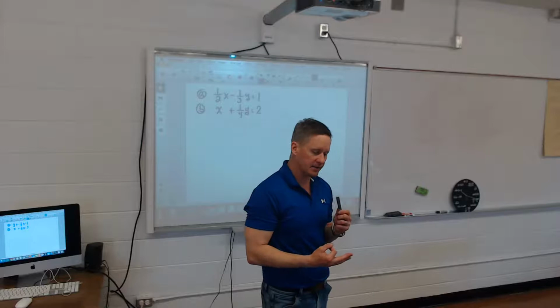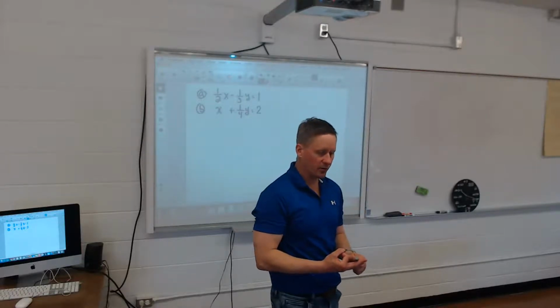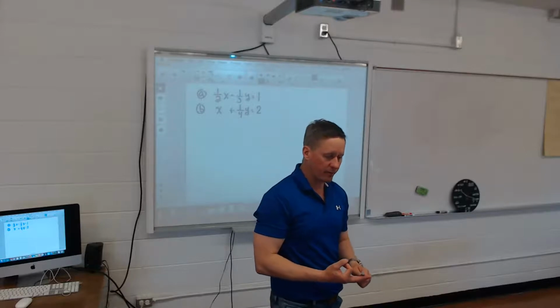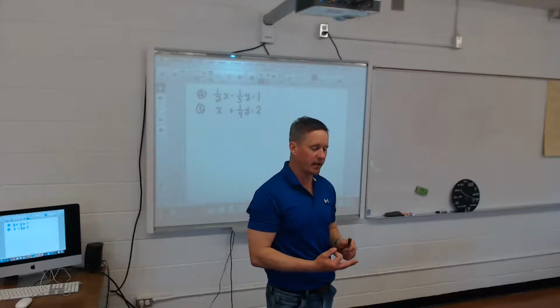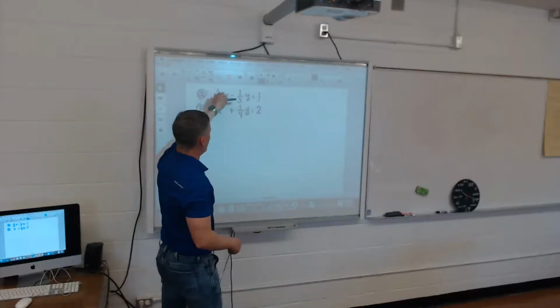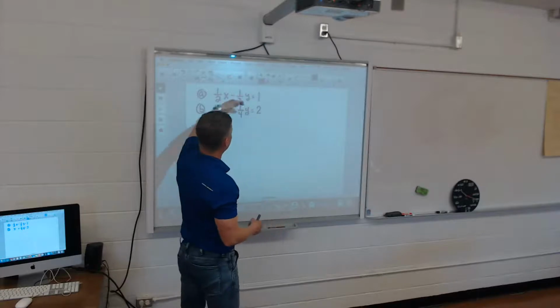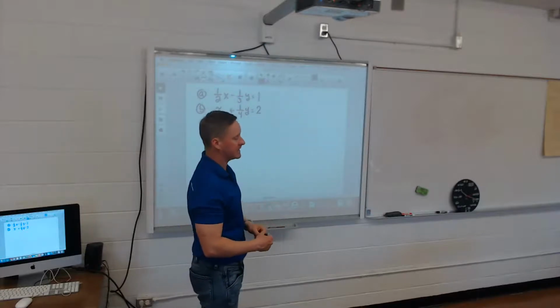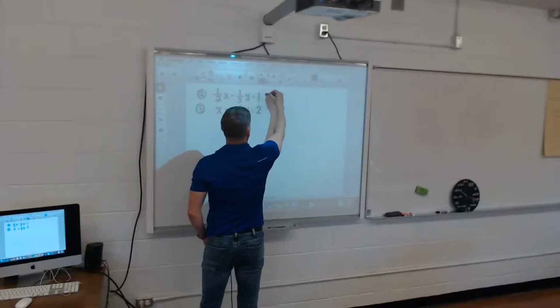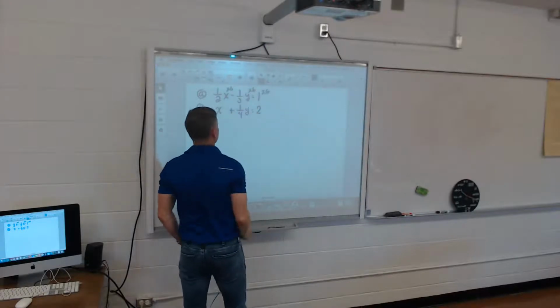So I'm going to take the same idea as to when I worked with the general form, and I'm going to change both of these by getting rid of the fractions for them. So in equation number 1, so I may have to do a couple extra steps here, but in equation number 1, I'm going to times everything by 6. Okay, so I'm going to times this by 6, this by 6, and this by 6.